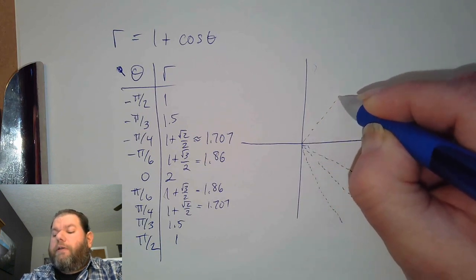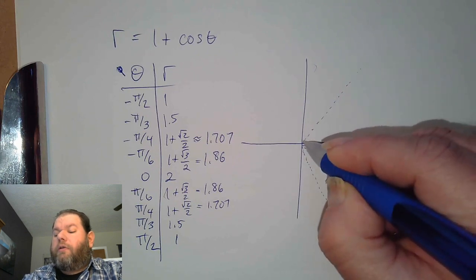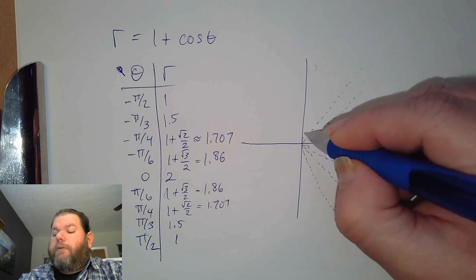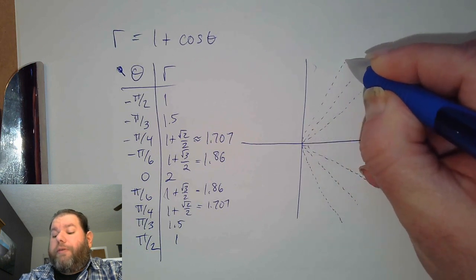Let's try this again. These are all positive values, so I may have to graph more than that.